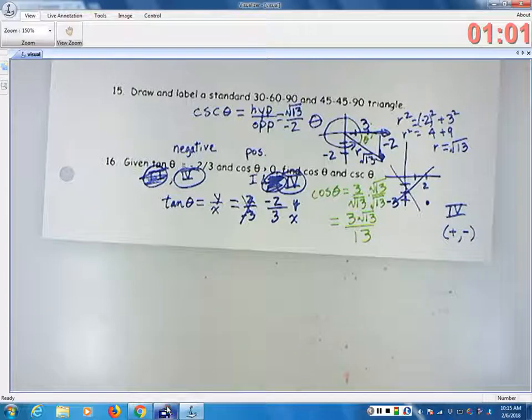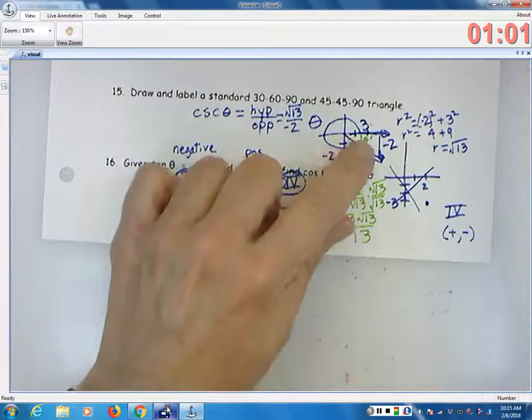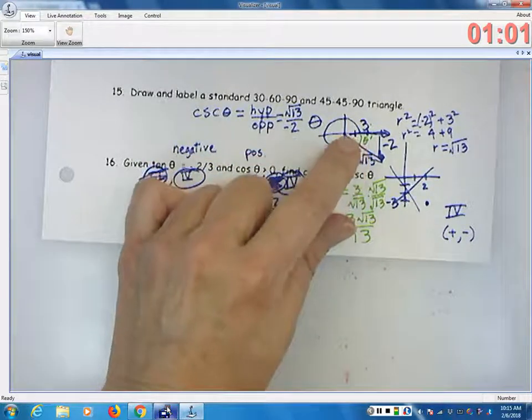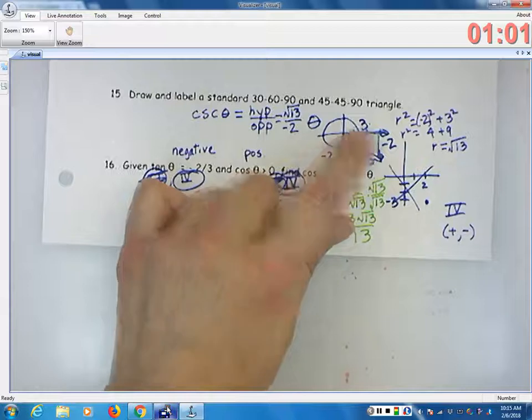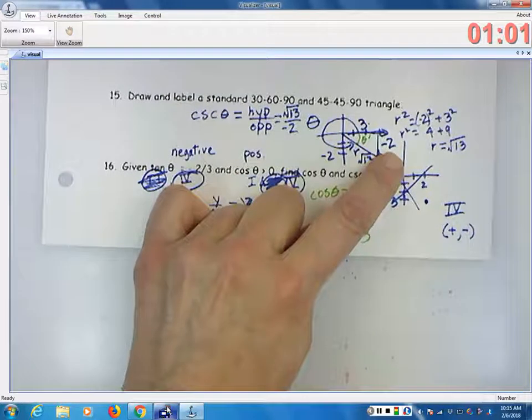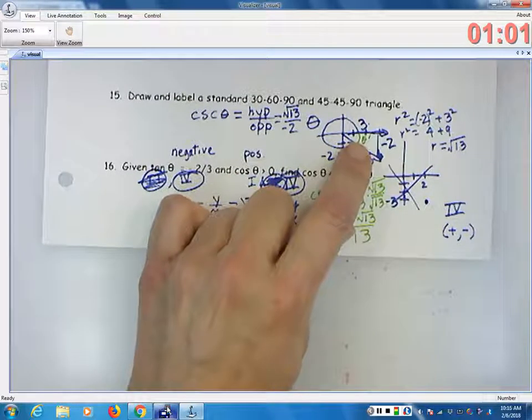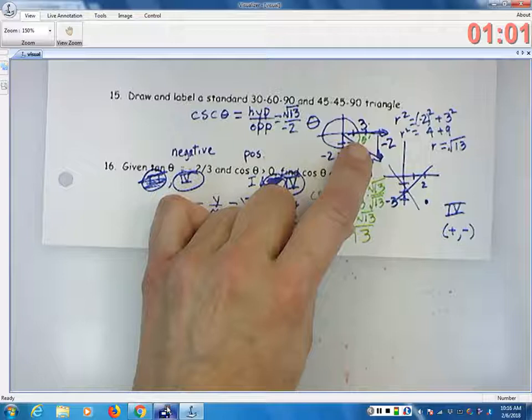What's the secant theta, the square root of 13 over 3? That's the opposite. We're using theta prime. Adjacent is 3, opposite is 2.